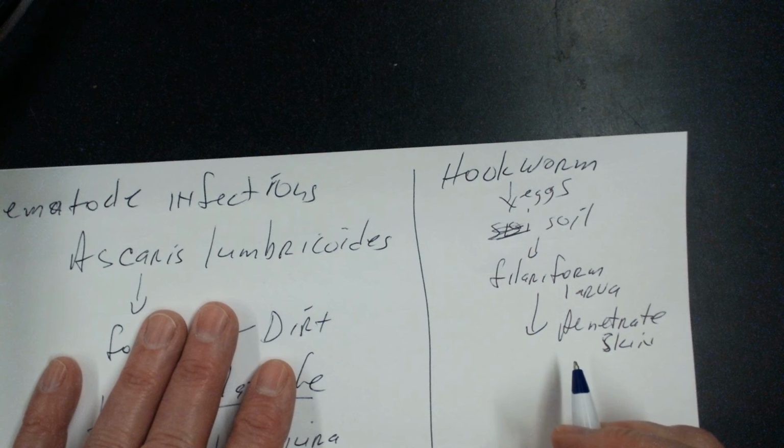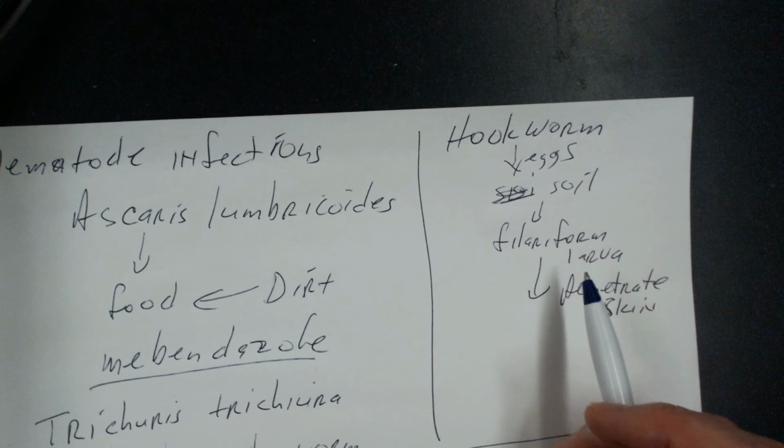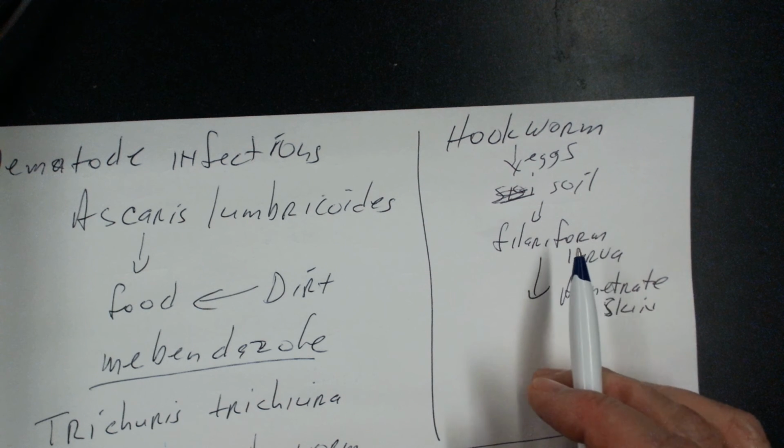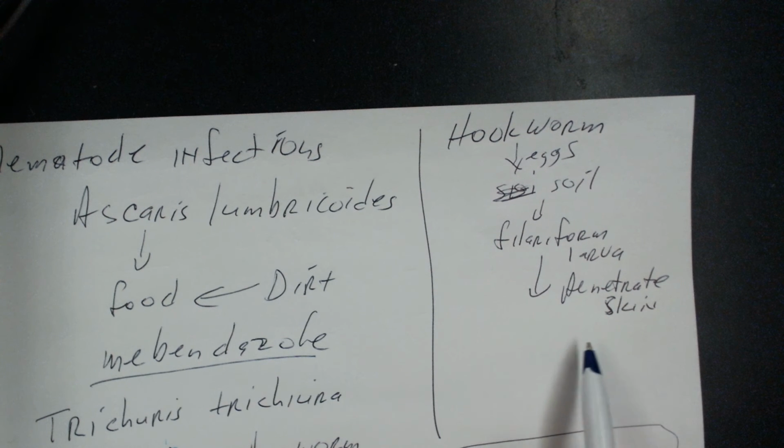And so if you go barefoot on this soil, if you stick your hand in the soil, it'll penetrate the skin, and then they feed in the small intestine. They suck blood.